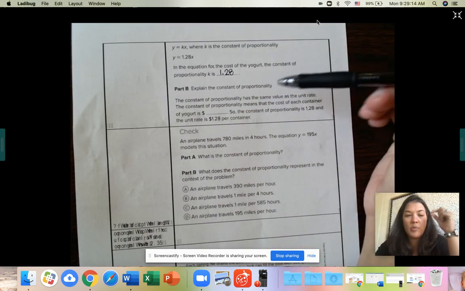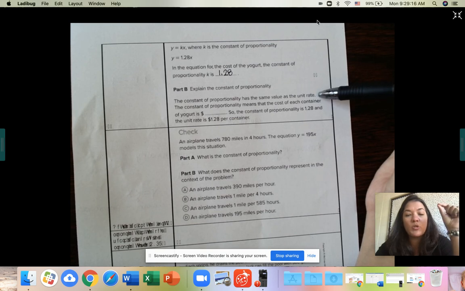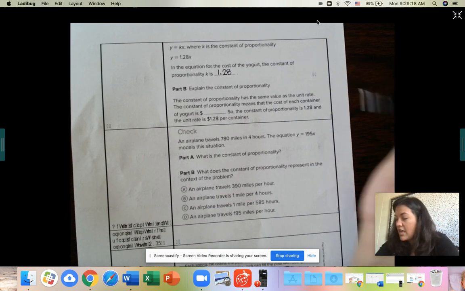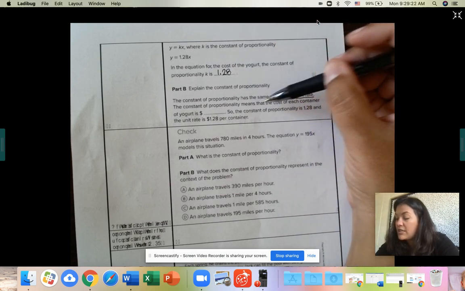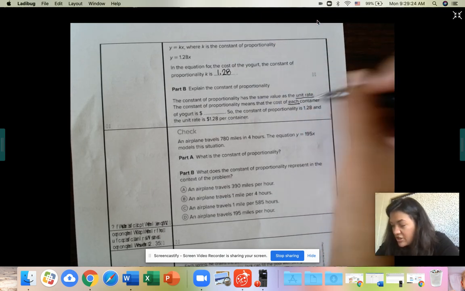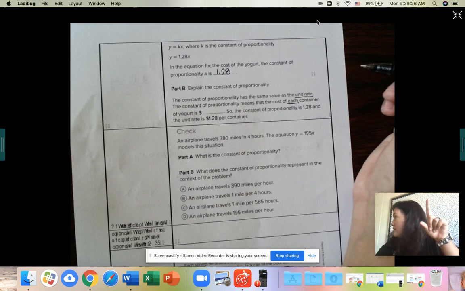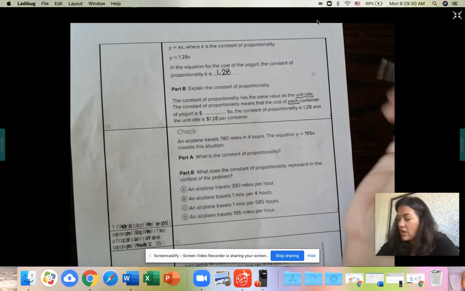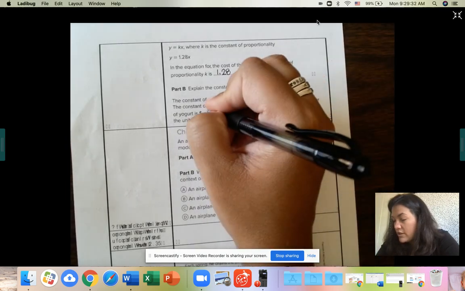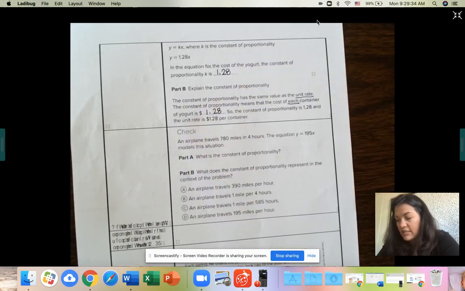So what does that mean? That's the other piece that we've got to know. The constant of proportionality is the same as a unit rate. So the constant of proportionality means that the cost of each, meaning 1, okay? 1 container of yogurt is $1.28.